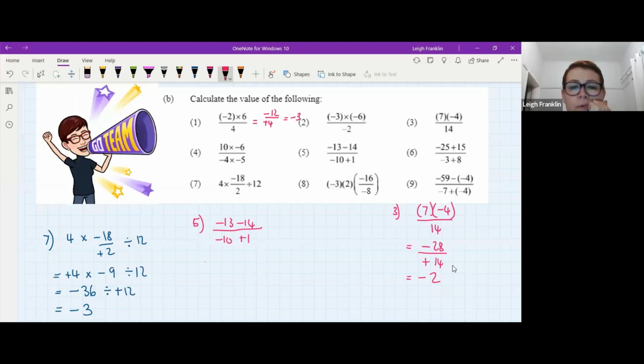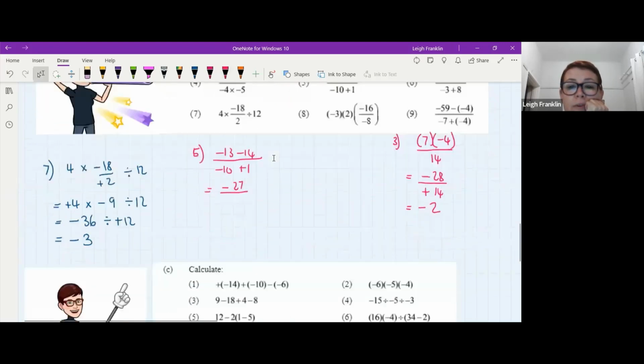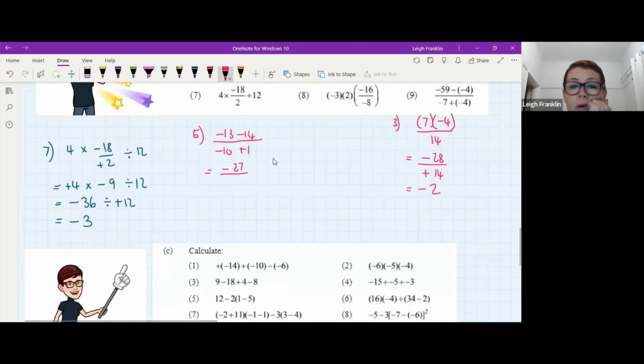It would give me -27. Good. Well done, Anati. That's very nice. And then at the bottom, -10 plus 1, what would that give you? -9. Wonderful. Okay, so your integers are really lovely. And now -27 divided by -9 is?